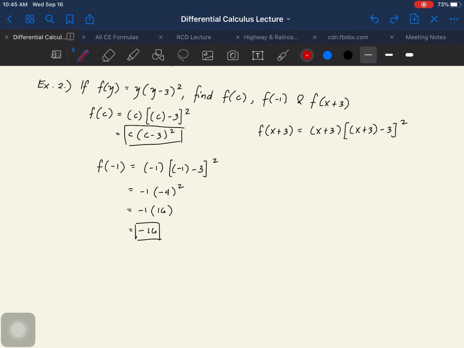So it's still the same. Let's simplify. We have there x plus 3, removing the parentheses here, 3 squared. What happens here is we just remove the parentheses and combine it with the whole equation inside this bracket.